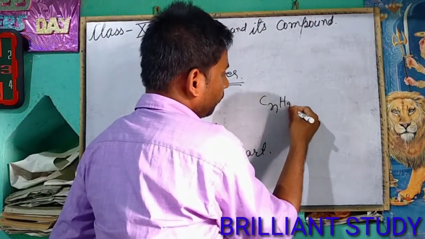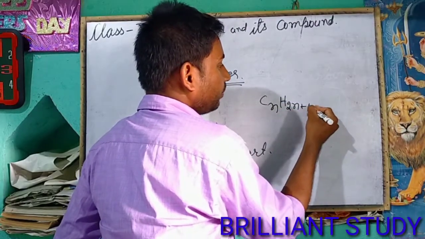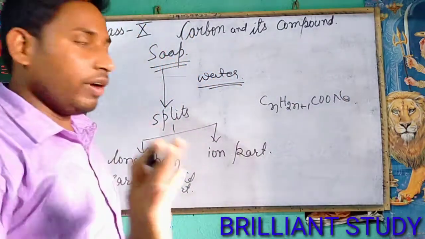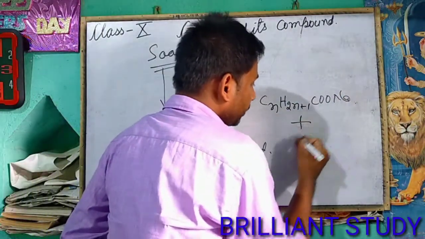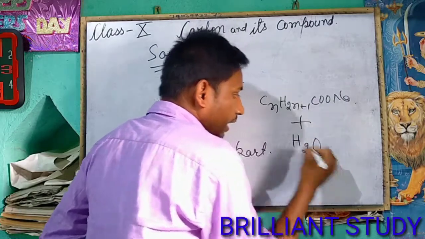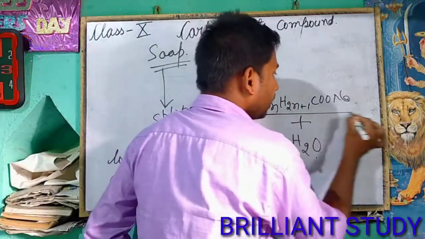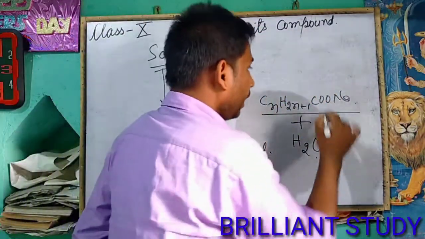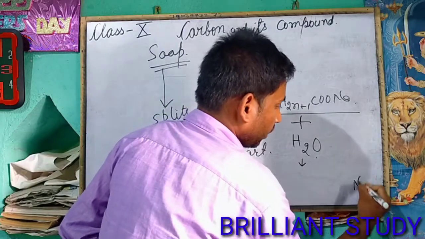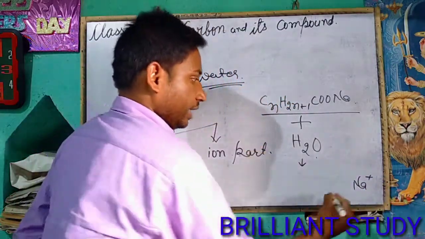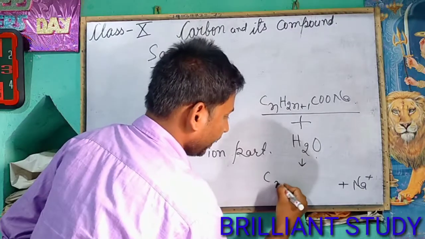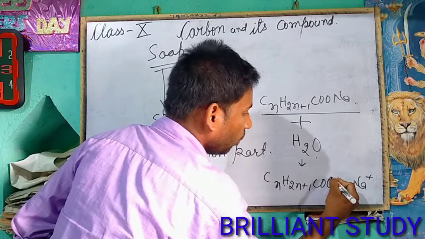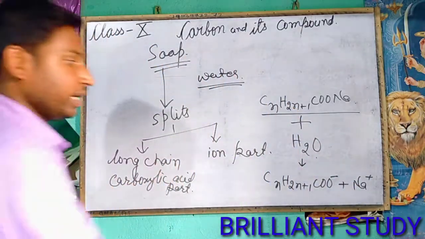The formula of soap is CnH2n+1COONa. When it is dissolved in water, the soap molecule ionizes and forms Na+ and CnH2n+1COO-.